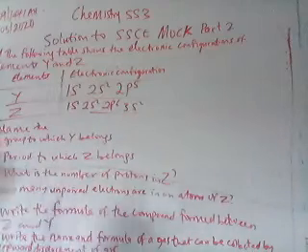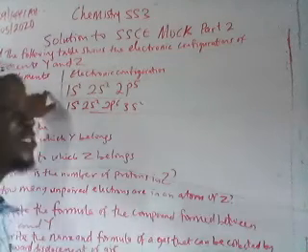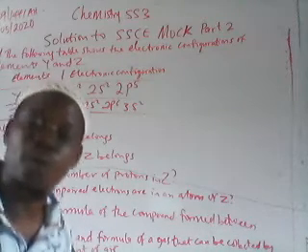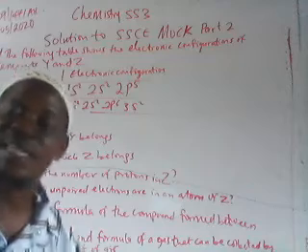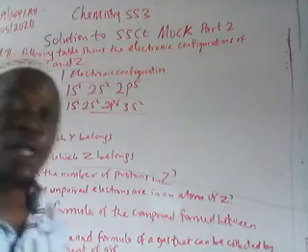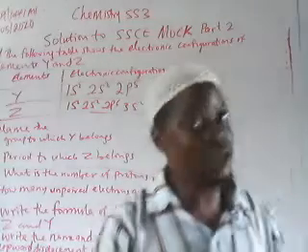Name the group to which Y belongs. That's what concerns you. Look at Y. How do you determine the group? The determination of group of an element, when the electronic configuration is written in SPDF method. If the element is an S block element, the number of electrons in the outermost shell is the group.